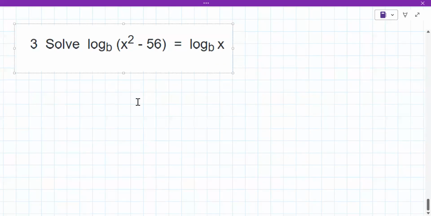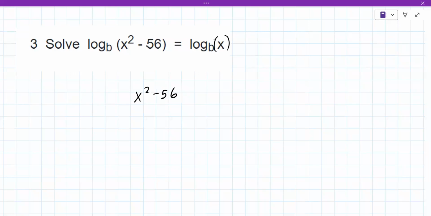All right, so they're going to set the x squared minus 56 equal to x. And there's a bit more that goes into this, but according to your notes, you don't have to do any more than that. Subtract x from both sides. x squared minus x minus 56 equals 0.